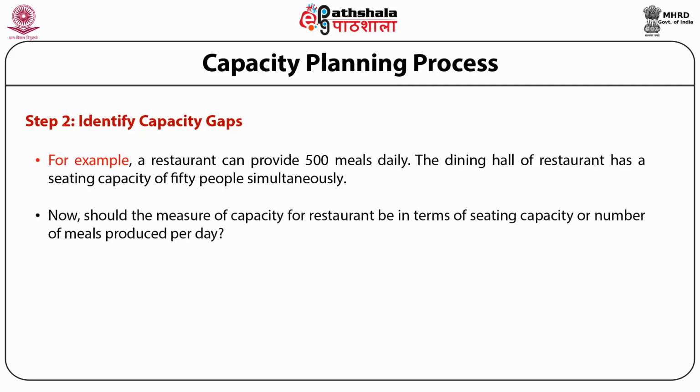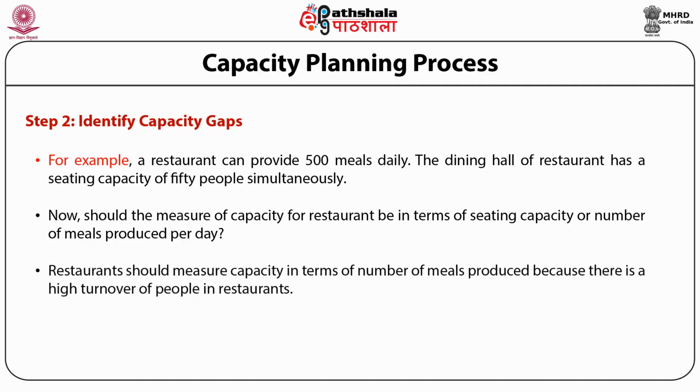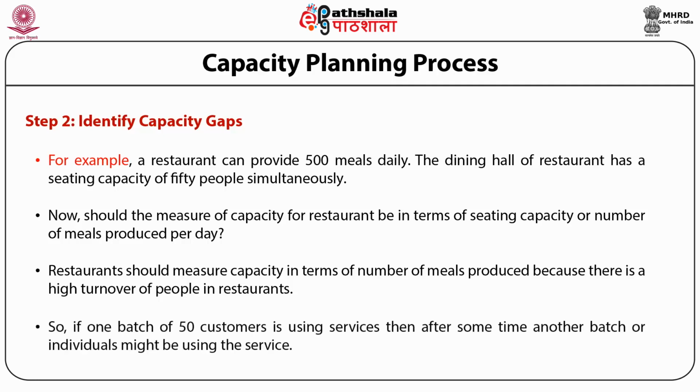Now should the measure of capacity for the restaurant be in terms of seating capacity or number of meals produced per day? The restaurant should measure capacity in terms of the number of meals produced because there is a high turnover of people in restaurants. So if one batch of 50 customers is using services, then after some time another batch of individuals might be using the service.